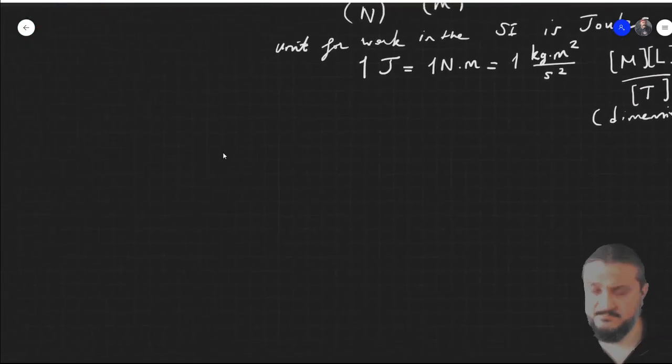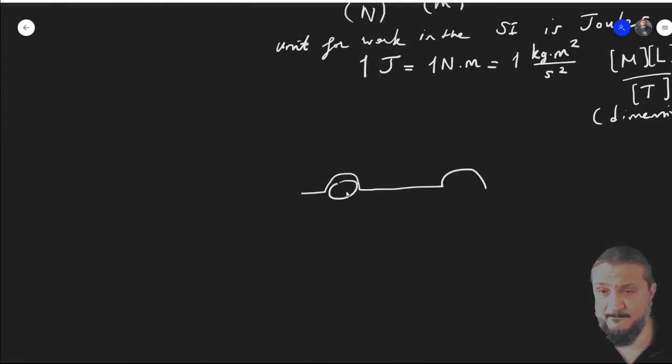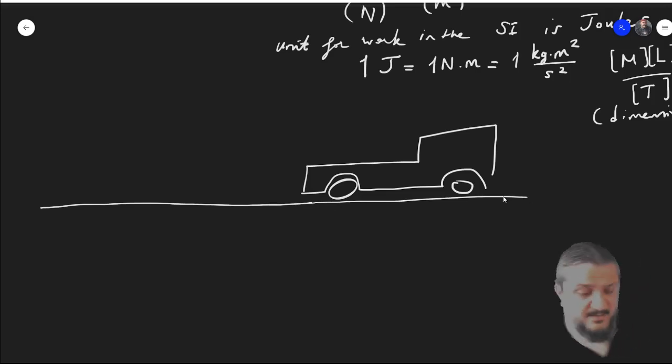So, example. Let's say you have your truck here, and you're loading your truck with some heavy equipment or your furniture. Okay, but it's too heavy, you can't just lift it.